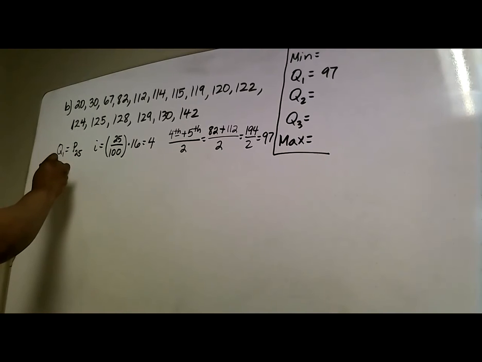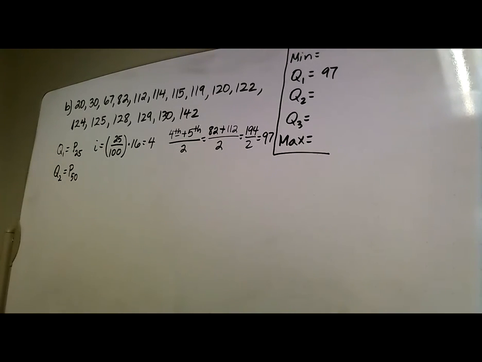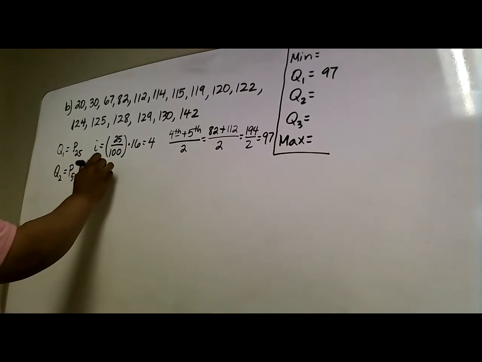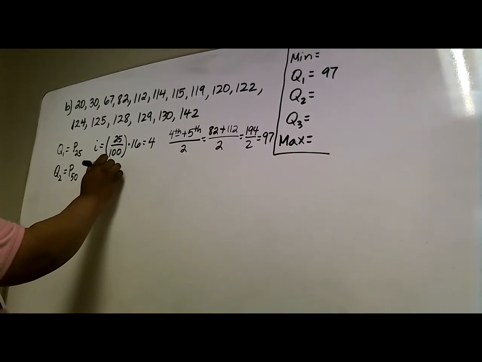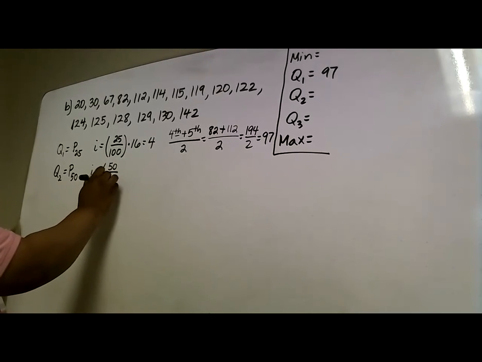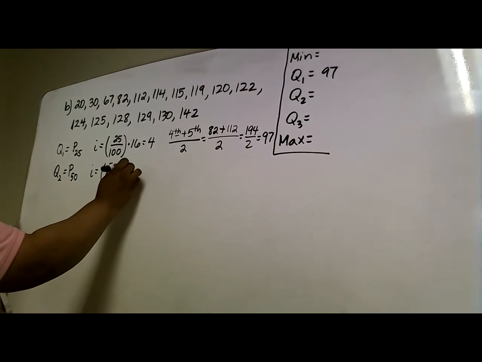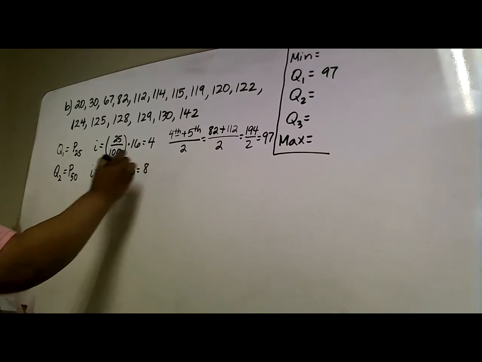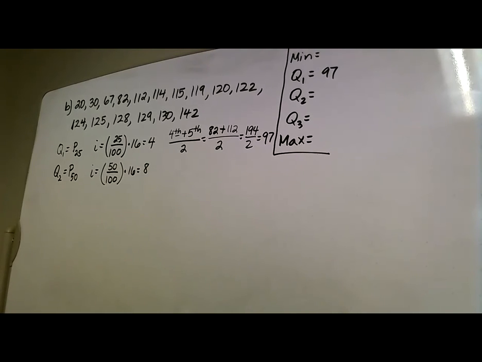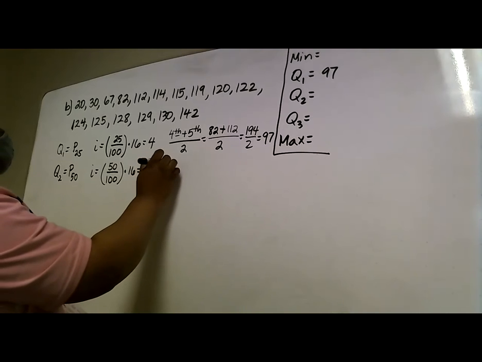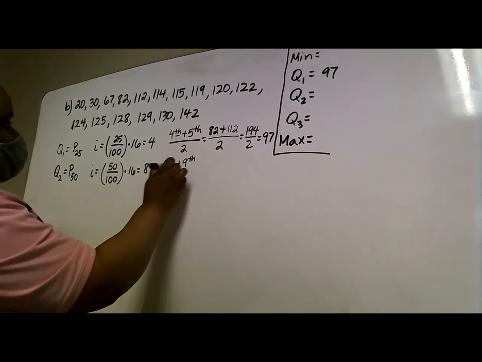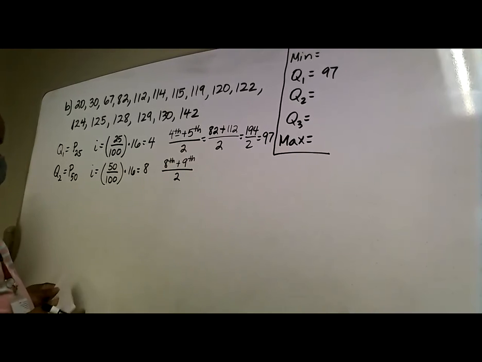And now for Q2, that's of course the 50th percentile. Here we have to do i is equal to, this time P is 50, divided by 100 times 16, which is 8. Again, that is a whole number, so we have to do the 8th number and the 9th number and get the average of the two.